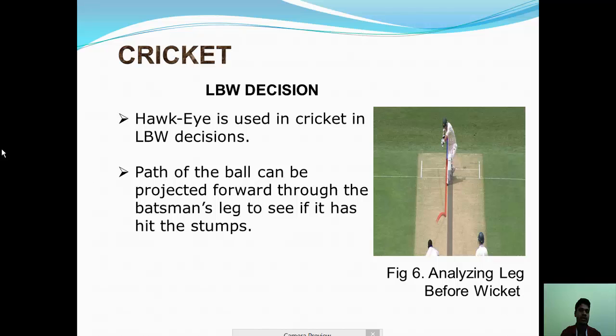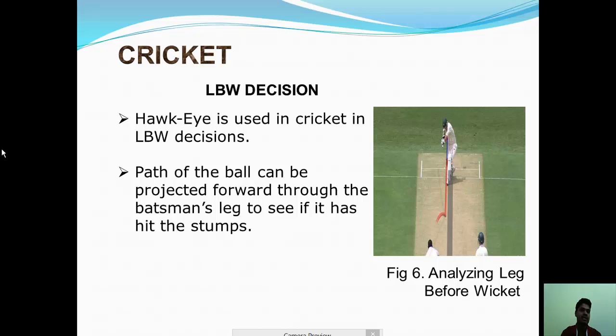the Hawkeye technology, how it is used in cricket for LBW decisions. Hawkeye is used in cricket in LBW decisions. It helps the umpire give the LBW decision based on the prediction of the bounce, and whether it is hitting the wickets or going away from the wickets is all considered based on the analysis of the speed of the ball, the pitch of the ball, and the amount of bounce it is going to generate.